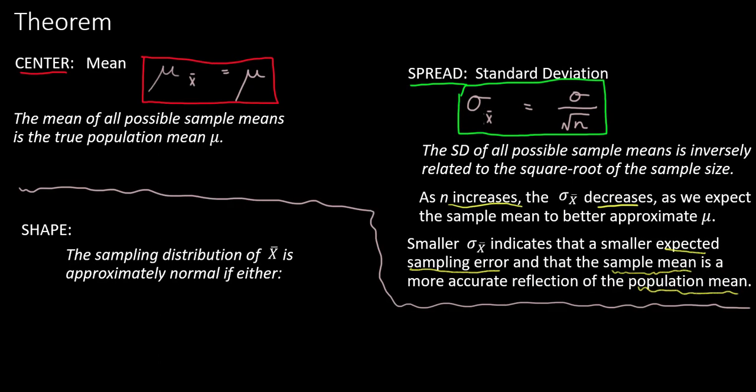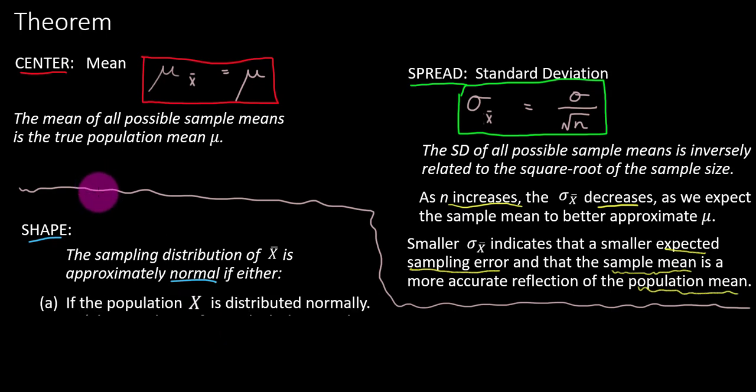Now let's discuss the shape of the sampling distribution of the sample mean. We love dealing with normal distributions, and so we want to discuss under what circumstances the shape of this distribution will follow a normal distribution. Well, there are two ways in which this could be satisfied.